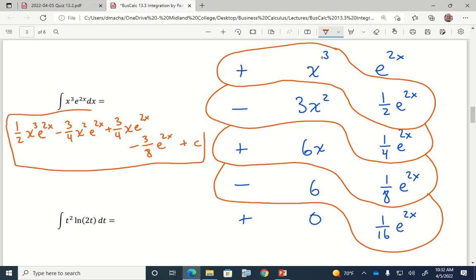So that's my antiderivative. And we won't check this answer because it has so many terms I'll get bored.